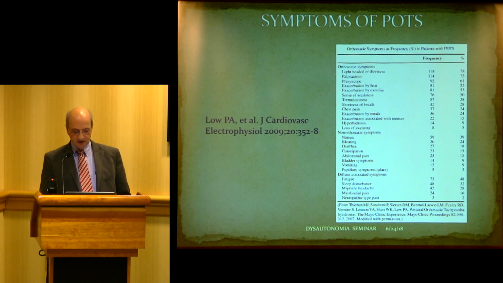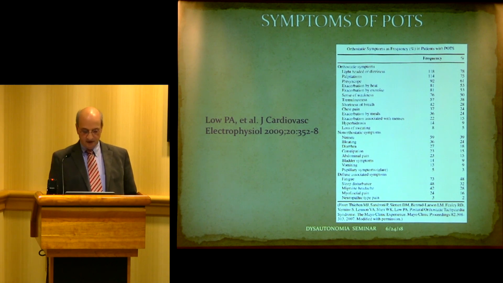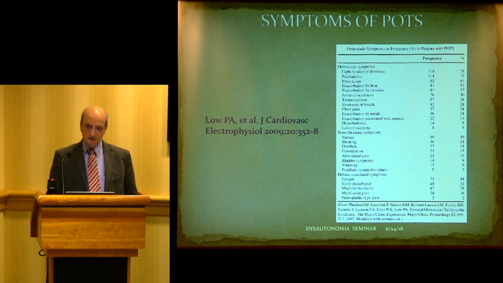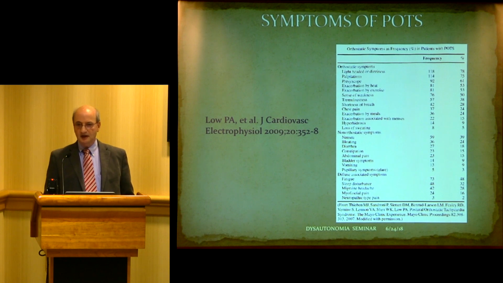Here is a long list of symptoms that sometimes occur in POTS patients. And you can see that a lot of these, by fact and by inference, lead you to think that there are a lot of autonomic targets other than the blood pressure and the heart rate that are affected.